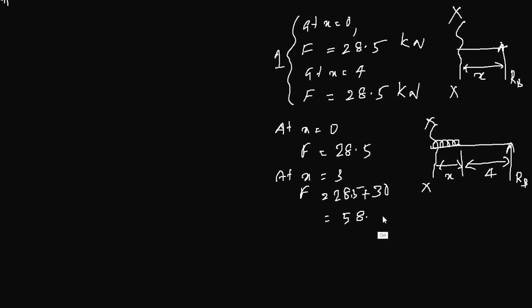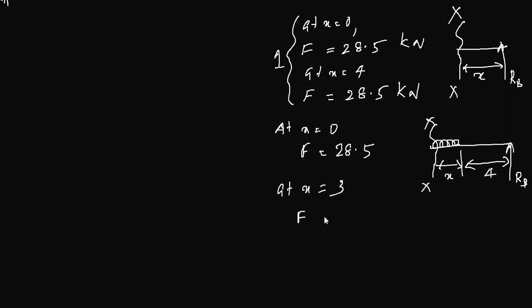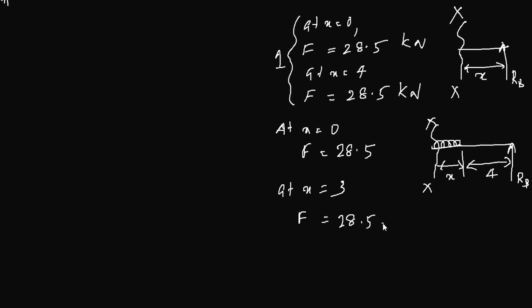Oh, that's a mistake, because what happens there is 28.5 is acting upward, whereas 30 is acting downward. So at X equal to 3, the force will be 28.5 minus 30.